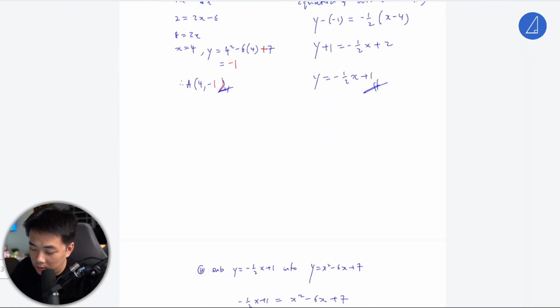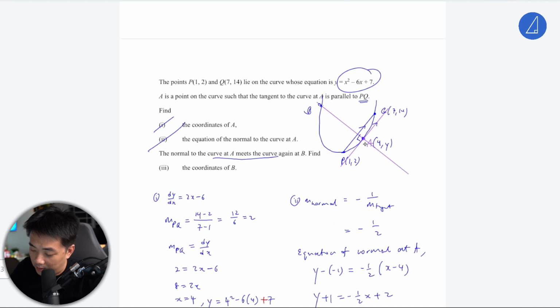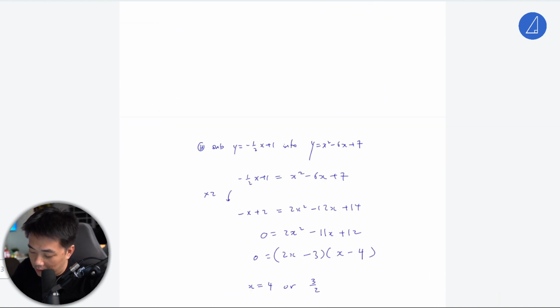One of them is 4, which is A, which is fine, since you found the intersection between this line and the curve. The other one will be 3 over 2.